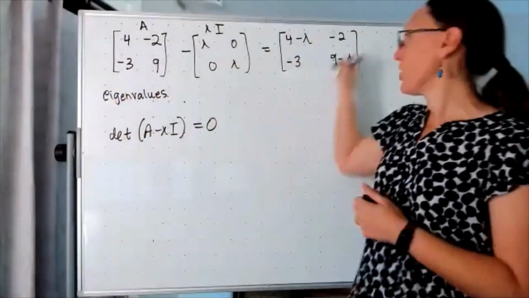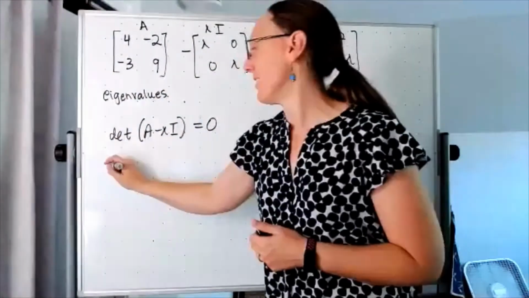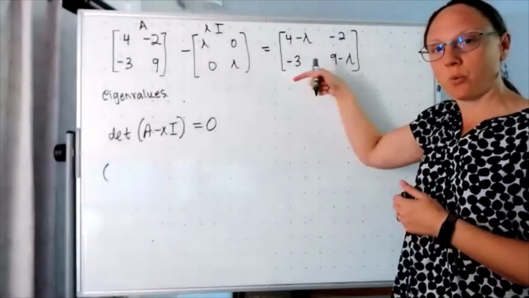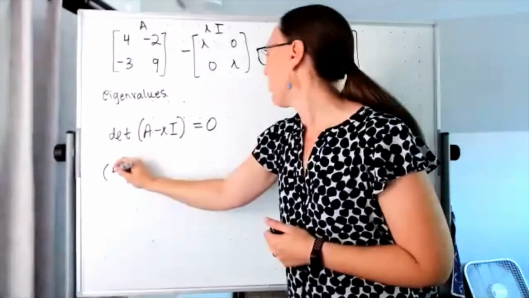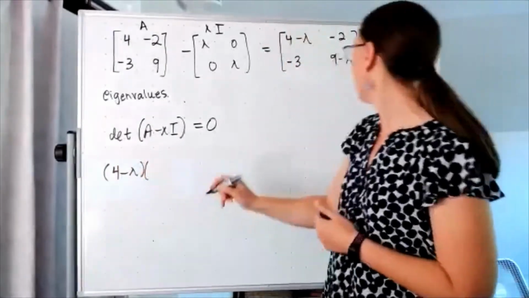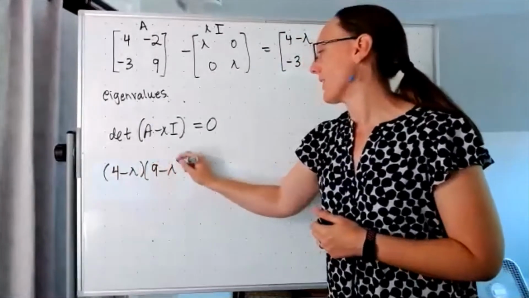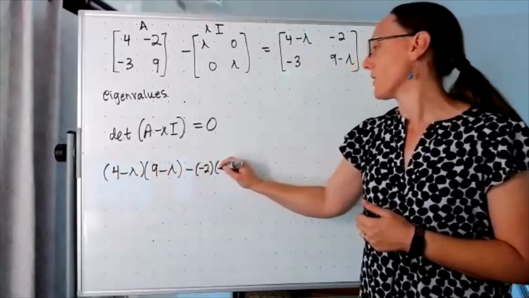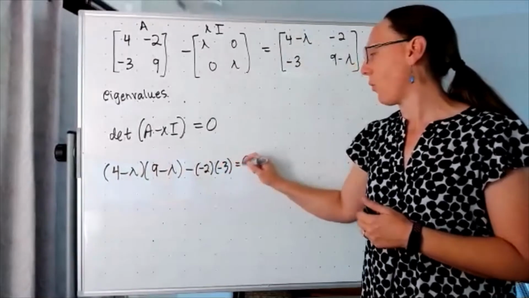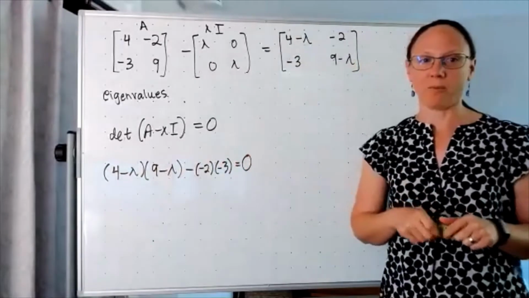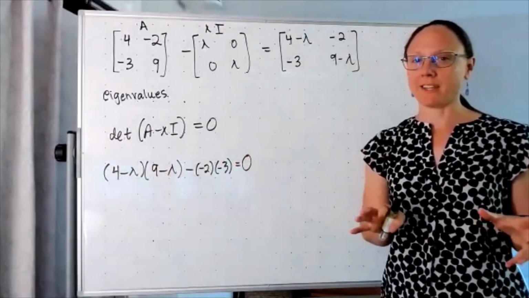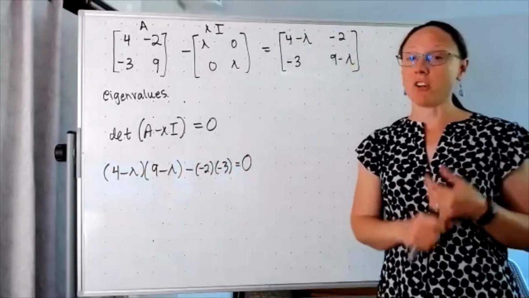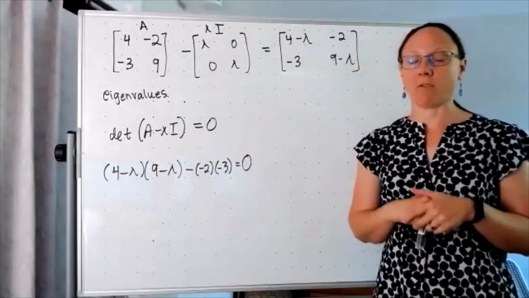So we're looking for the determinant of this matrix, which is 4 minus lambda times 9 minus lambda, minus -2 times -3. And that whole thing being equal to 0. I'm going to give you 30 seconds to practice the actual algebra of solving this out. It should factor, but you're welcome to use the quadratic formula.